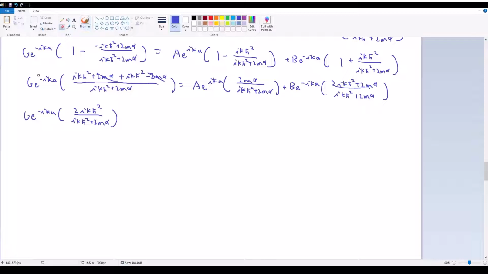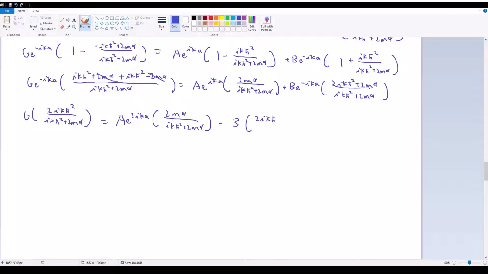And actually, I'm just going to straight up cancel the e to the negative ika right away. This is going to give me a e to the 2 ika times 2m alpha. At the bottom, ik h bar squared plus 2m alpha. And then plus, the e to the negative ika in front of the b cancel, we get b times ik h bar squared plus 2m alpha over ik h bar squared plus 2m alpha.